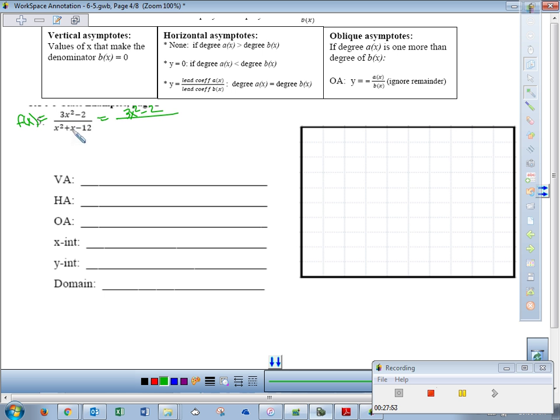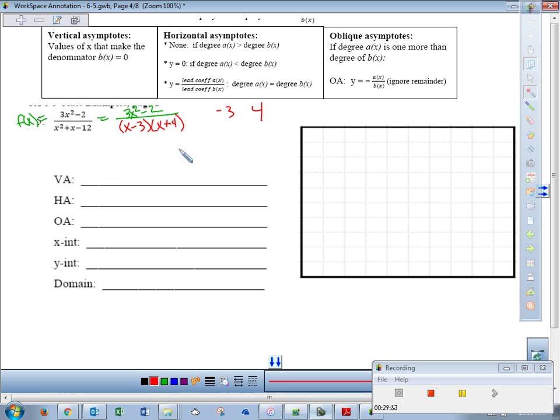Denominator, x squared plus x minus 12. A value is 1. Then you find two numbers that multiply together to be -12 and add together to be +1. -3 and +4. Alright? So x minus 3, x plus 4. Sweet. Vertical asymptote, where the denominator equals 0.